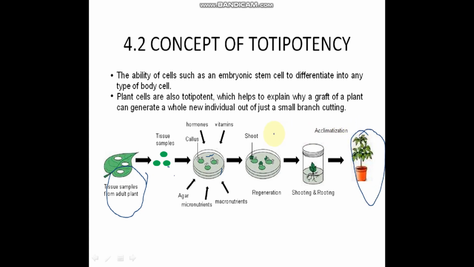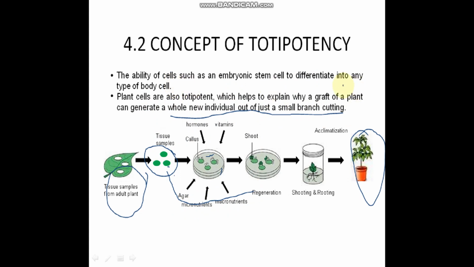So the concept means that when you start with a leaf plant tissue, which is basically nothing, a cell that has not become a tree yet, it can become a whole new individual from just a small branch cutting.